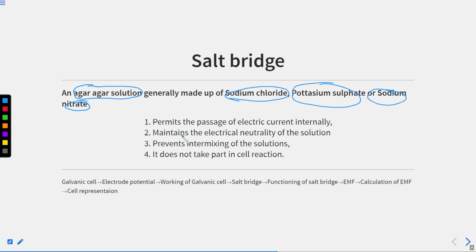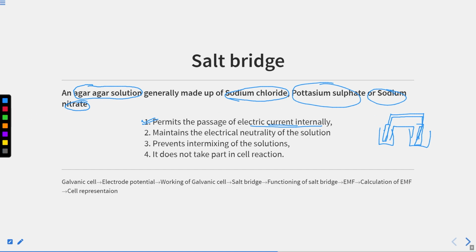Now what does it do? It permits the passage of electric current internally. It's very important that if you see the two compartments, it looks like this. Now it is not a complete circuit. You can see very clearly. So to complete the circuit, we put a salt bridge.